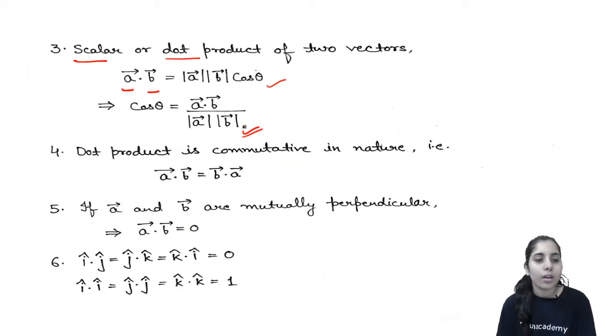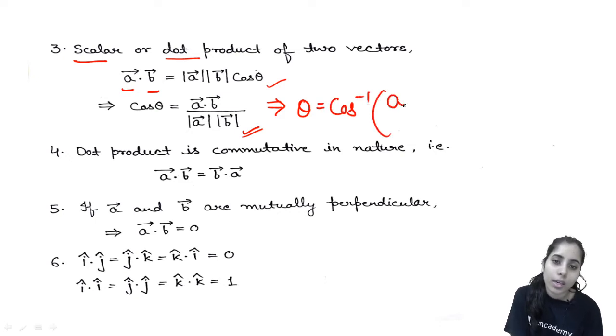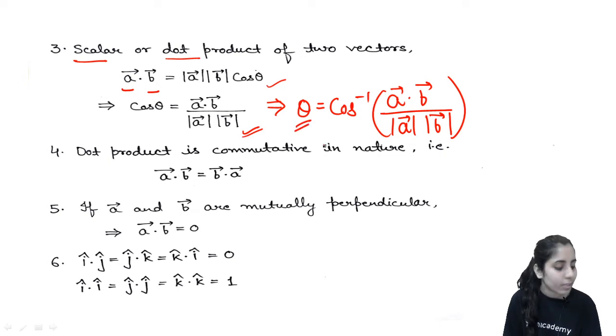Next, we were talking about scalar product or dot product, and what information it provides us about the angle. Clear? So if somebody asks you to find the angle between any two given vectors, you can find theta is equal to cos inverse of A dot B upon magnitude of vector A and magnitude of vector B. That's how you can find the angle theta.